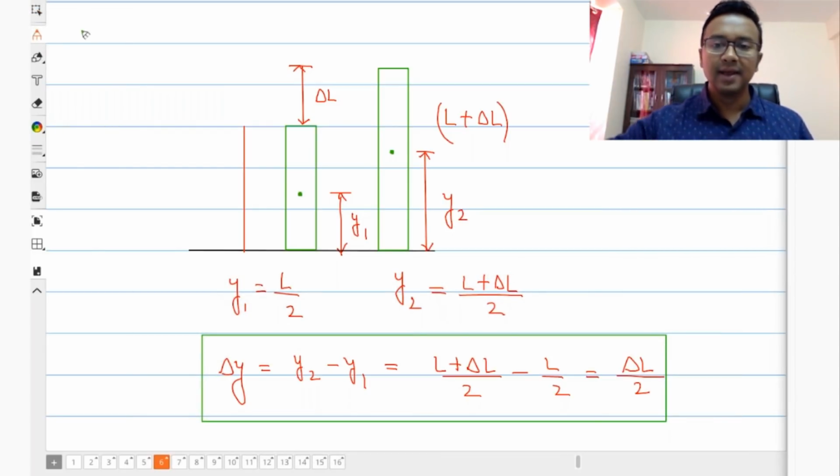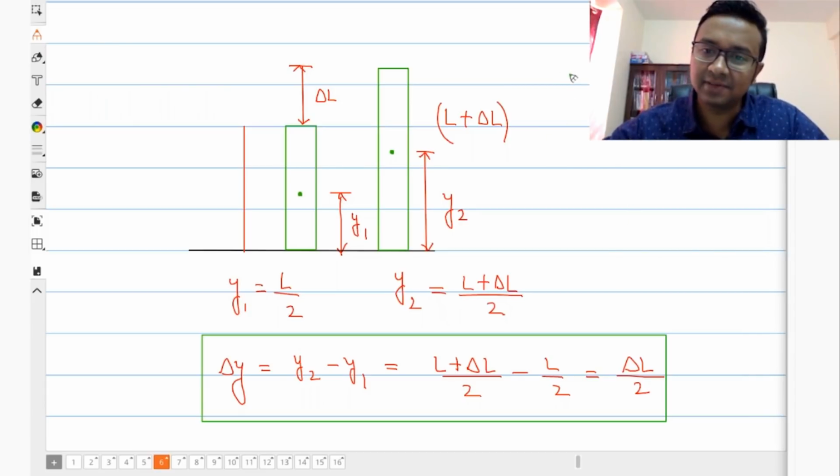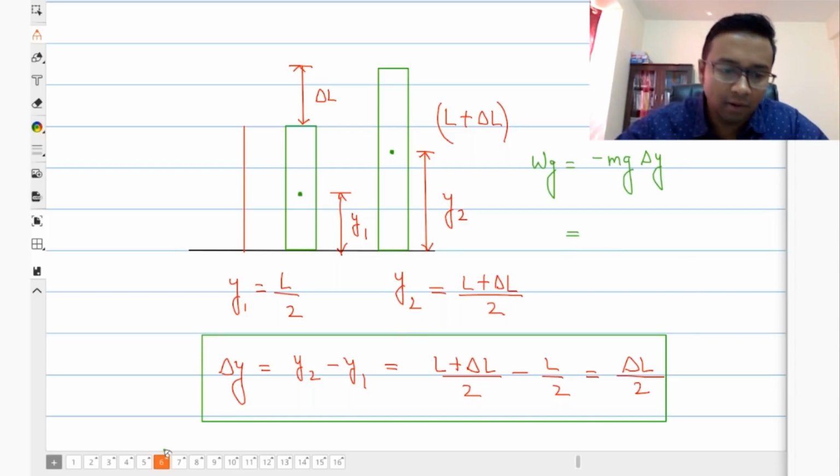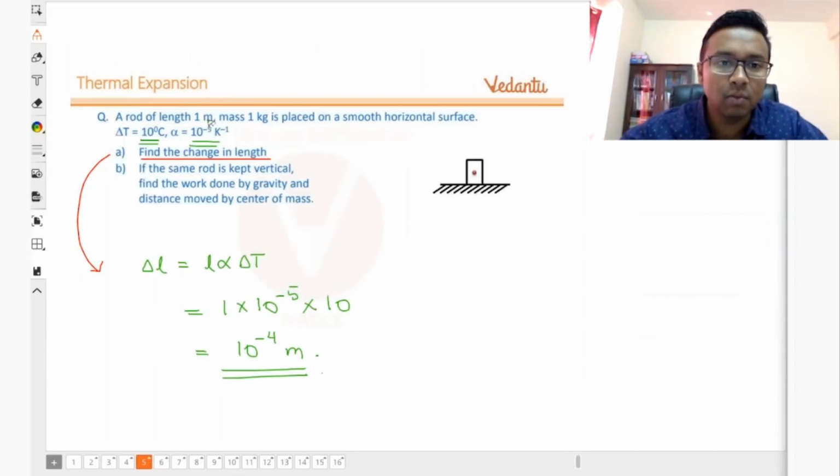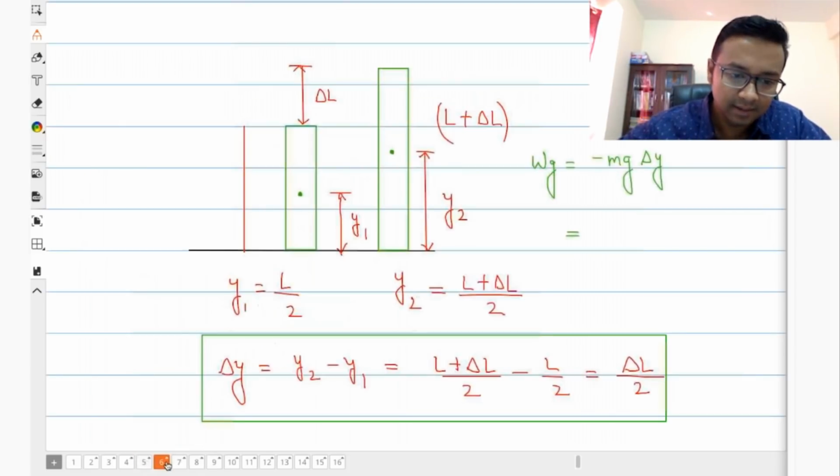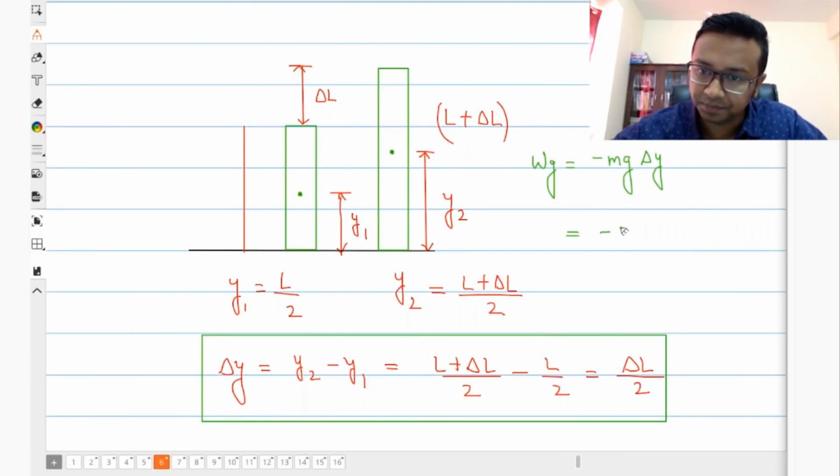Fine. And then it asks us what is going to be the work done by gravity. I think that is pretty simple now. The work done by gravity is going to be minus mg into delta y. If you look at the values out here, what is mass? Mass is equal to 1 kg. So 1 into 10 into delta y. Delta y is delta L by 2.